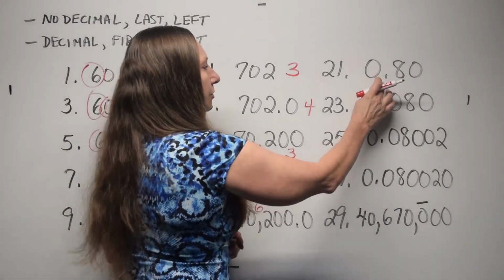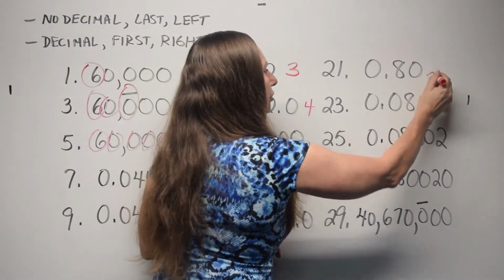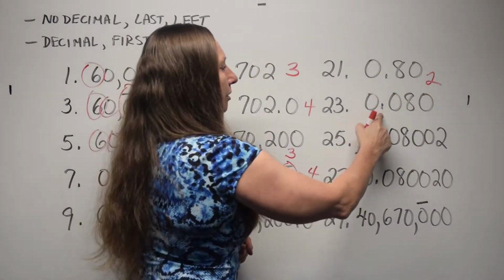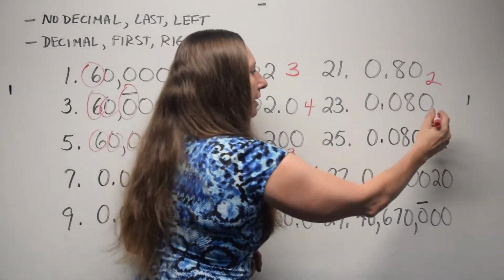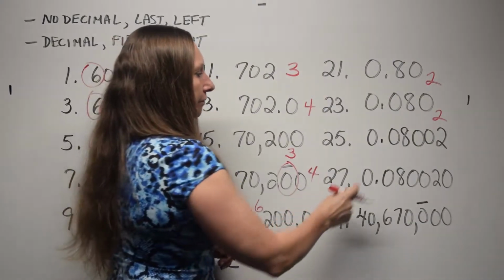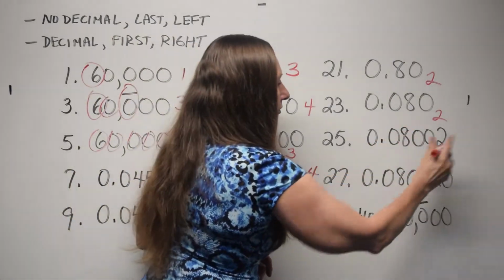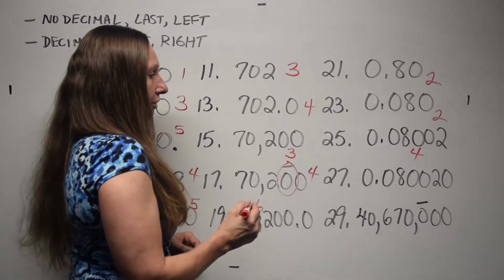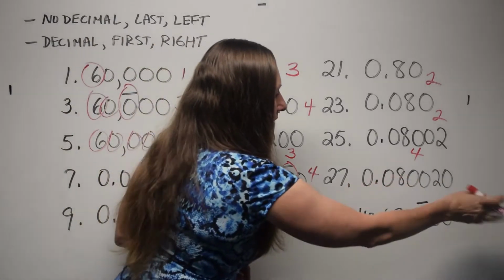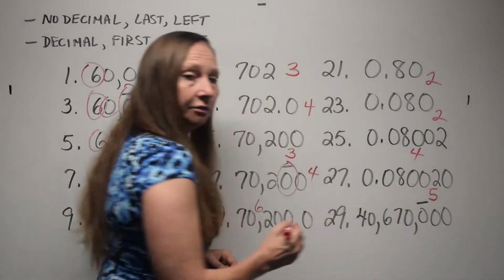Decimal, first and to the right, that's 2 significant figures. Decimal, first non-zero and to the right, that's 2 significant figures. Decimal, first and to the right, that's 4 significant figures. Decimal, first and to the right, that's 5 significant figures.